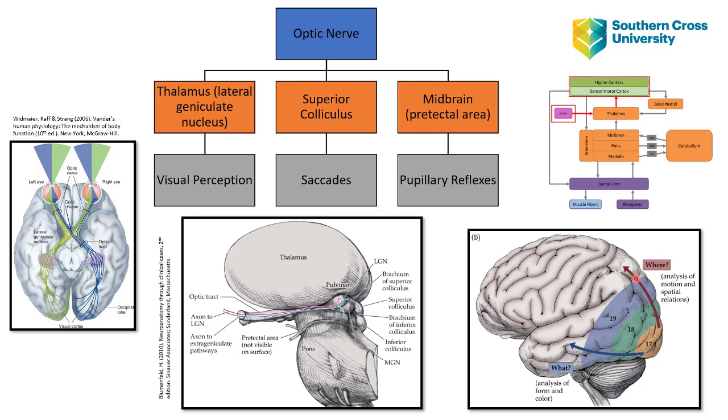The where pathway, also known as our dorsal stream, comes up and actually starts to come into our parietal lobe, and it starts to mix in with our somatosensory association cortex.